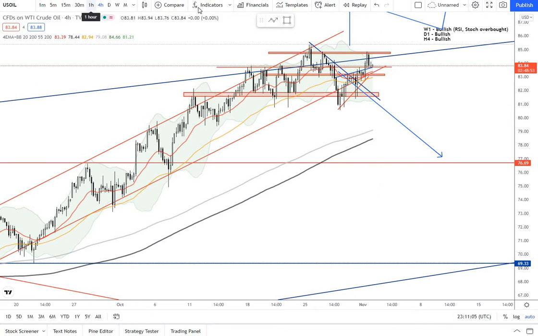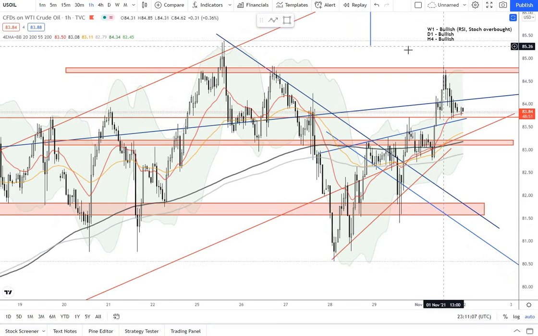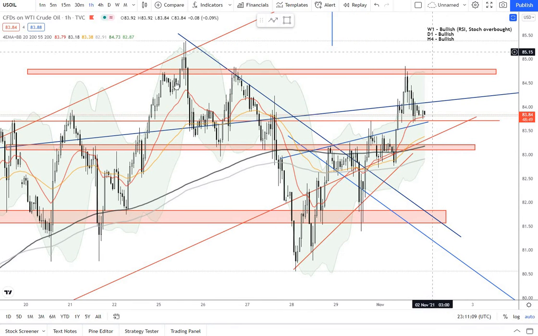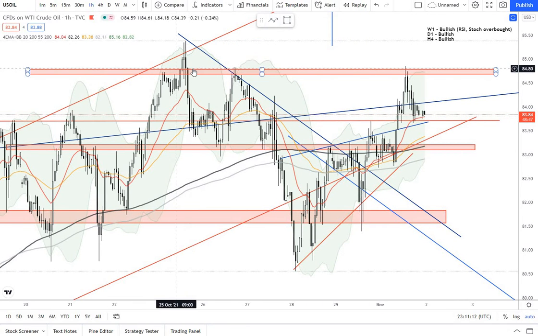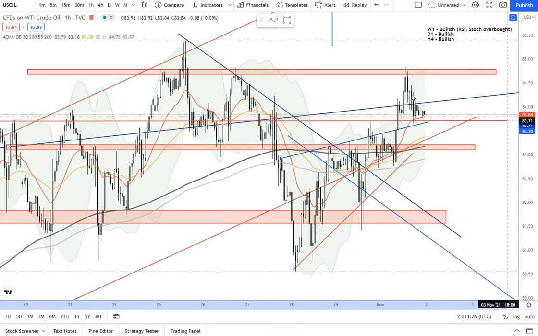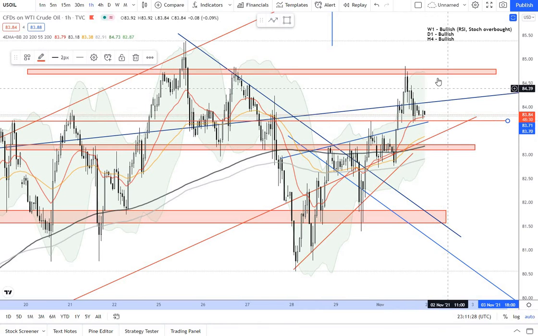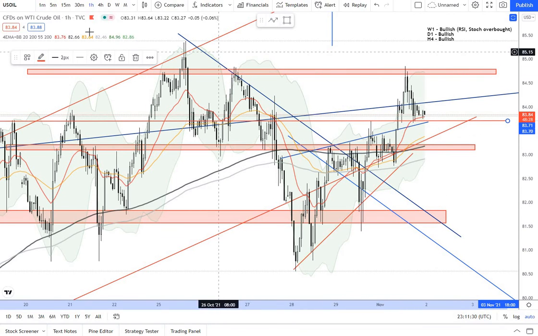Okay, but let's zoom in, for those who want to go in for a bit more aggressive trades, day trades, right? You can see that there is a very potential supply zone at this level, so a very strong resistance at this level, and then it went down to this support level of 83.7. So let's see if it could potentially break below or even go up further to this level again, right?